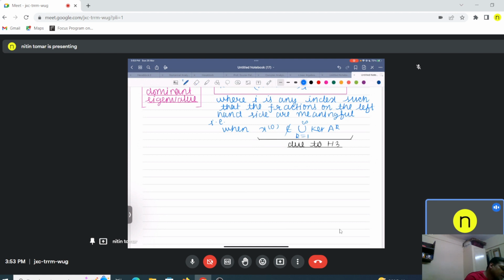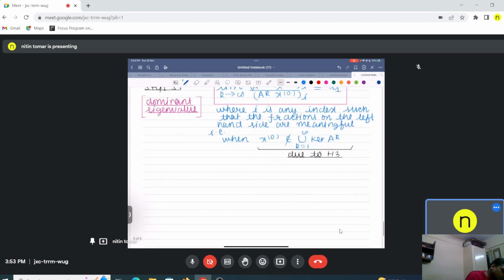So we have seen, yeah. So remark, the power method generates two sequences.